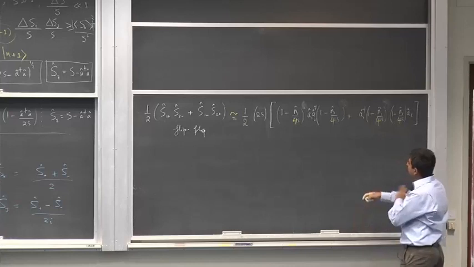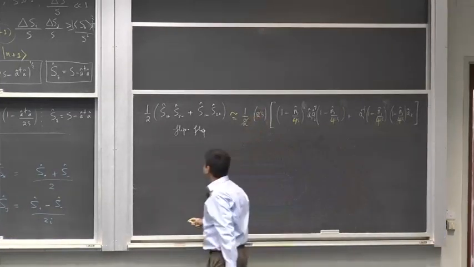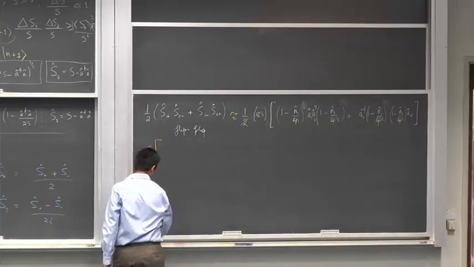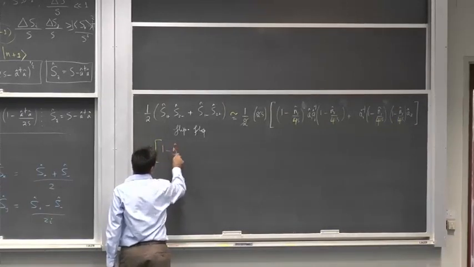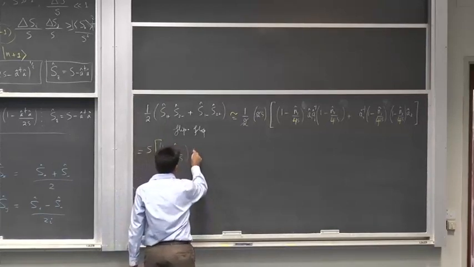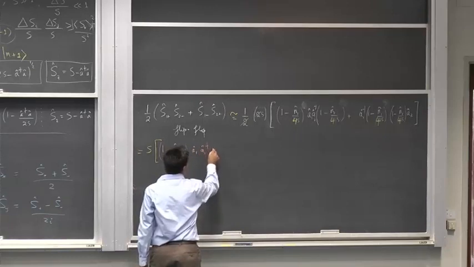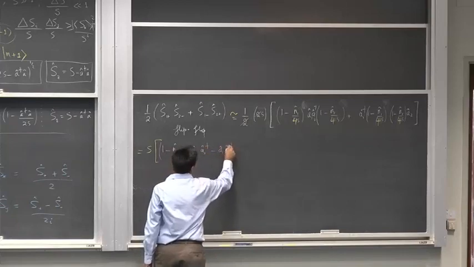And now I could do an explicit expansion, I can open up these brackets in the following fashion. This is S into (1 minus n1 over 4S) a1 a2 dagger minus a1 a2 dagger.